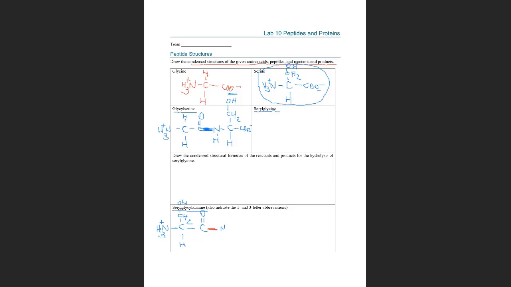So we are going to have NH, glycyl, the R is a hydrogen, and then we have another peptide bond, bond to, again, the alanine.